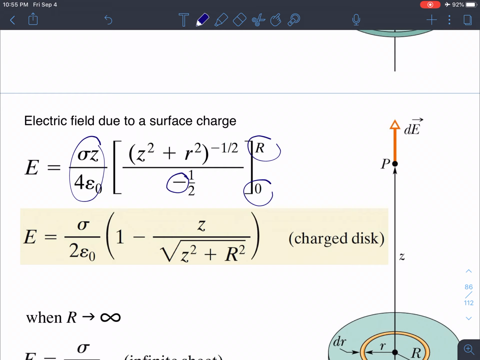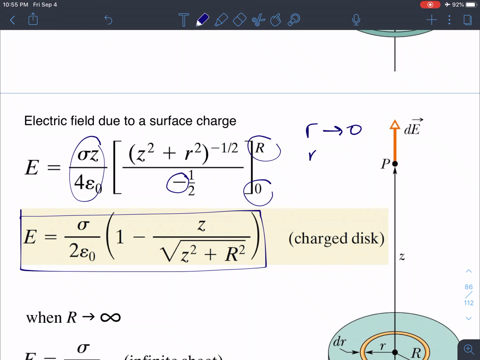Try that and you should get this answer. It's really just writing r goes to 0 and then r goes to R, and taking the difference between them, and it gives you this. Because of this 2, the 4 is going to go away, so that's why we have sigma over 2 epsilon naught here.